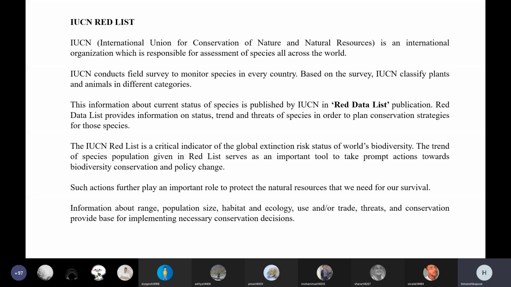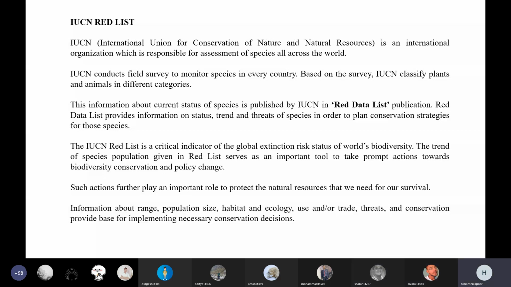So it is giving us information about the current status of the species, and they do enormous surveys in almost every country, and the field surveys are very very thorough, and based on their surveys they classify plants and animals into different categories, and these are all enlisted in the red data list. So red data list is a critical indicator of the health of the world's biodiversity. Okay?